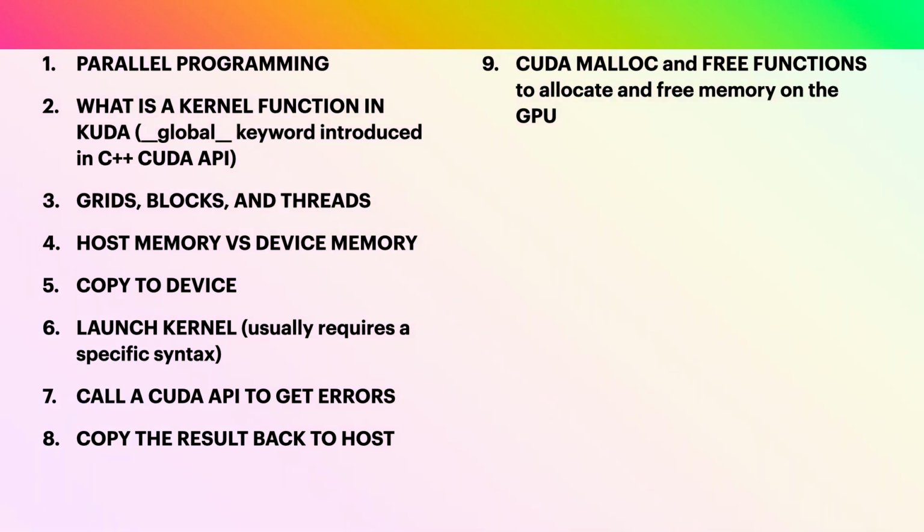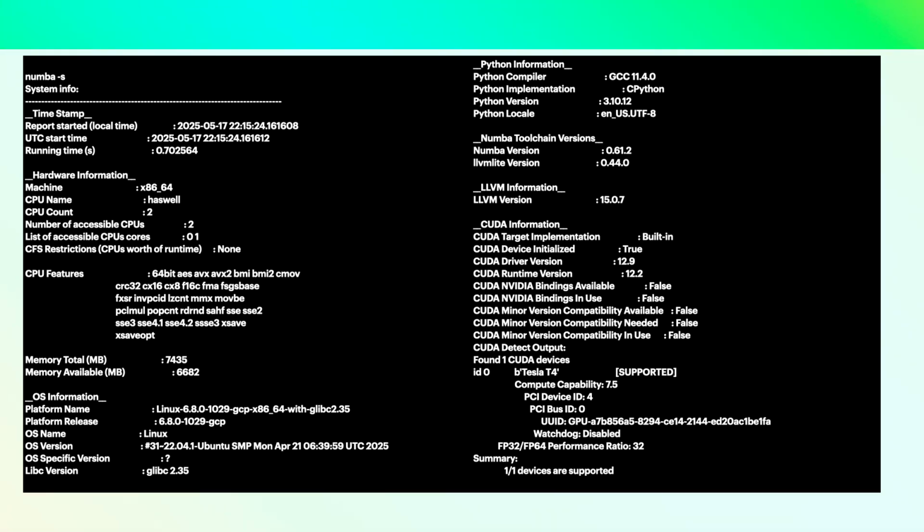When you have thousands of cores, for example when we are adding two vectors of 1 million elements each, we can add each element, each index from 0 to 1 million minus 1, with a different thread, which is a slightly different concept than doing it with a C++ POSIX thread.